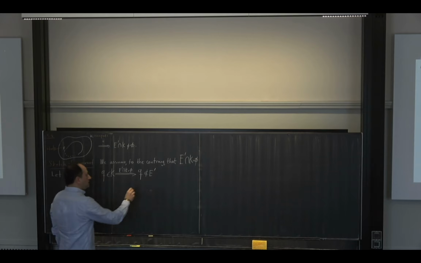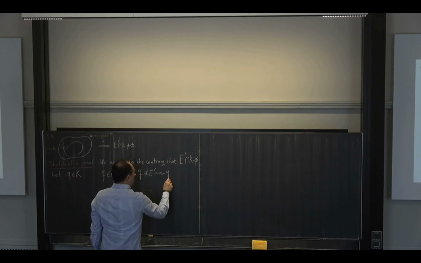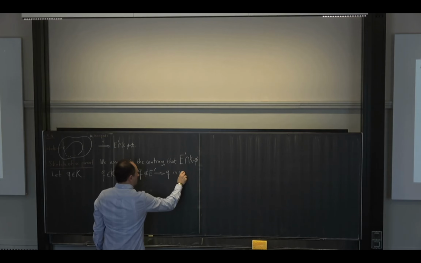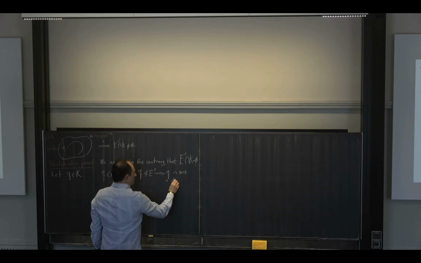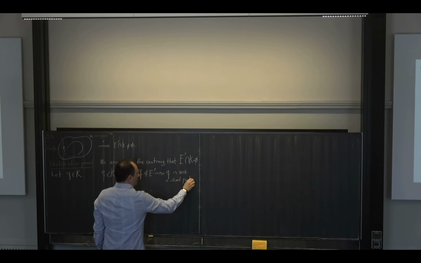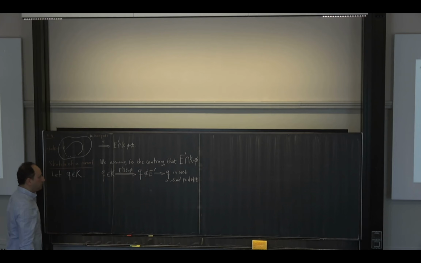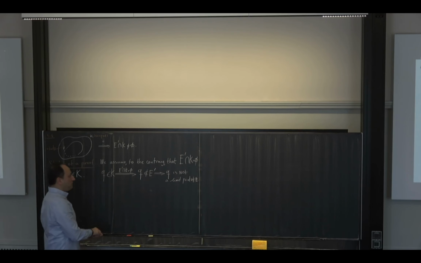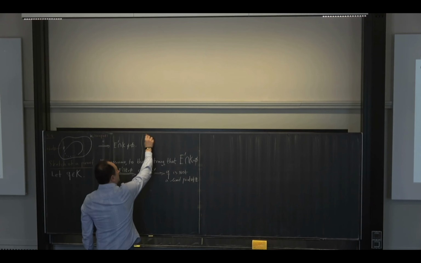So this means Q is not a limit point of E. But what is the meaning of not being a limit point? So being a limit point means what? So let me go and recap something.